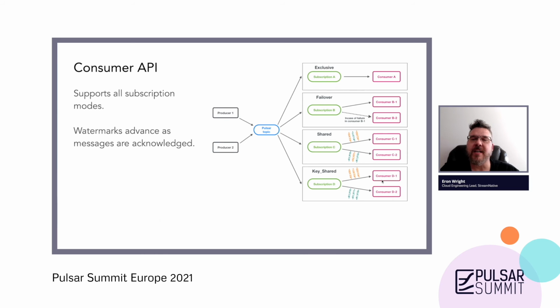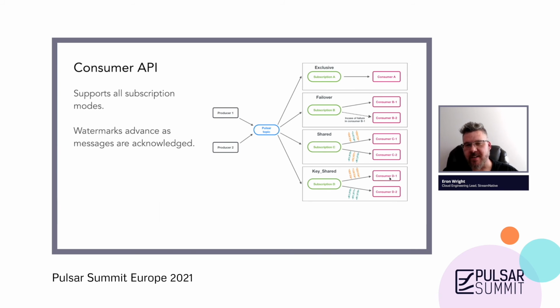In other words, if some messages are delivered to a consumer but aren't acknowledged, it would be premature to hand out a watermark to other consumers based on that. The system must wait for the messages to be acknowledged before we can conclude that the watermark should advance. And when the watermark does advance, it advances for all consumers.